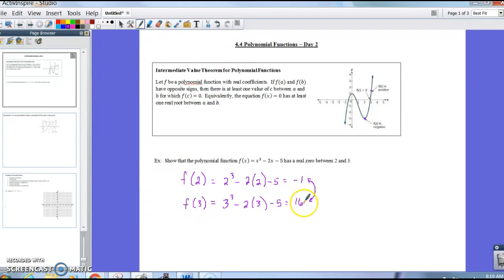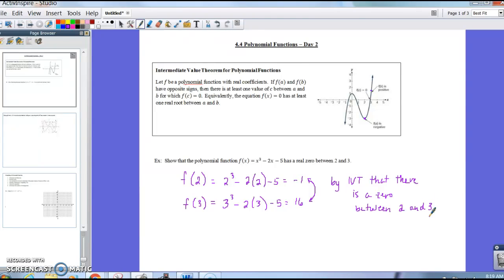It comes out to be positive 16. Because the sign changes, that tells me by the IVT, or by the intermediate value theorem, that there is a 0, or a root, between 2 and 3. Pardon my bad handwriting there.